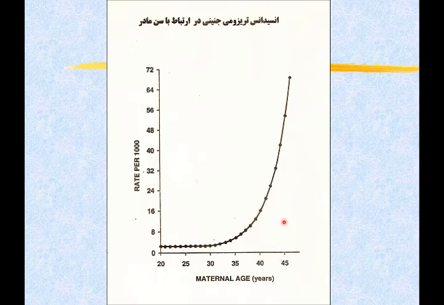As you can see in this diagram, there is an exponential increase in trisomies in the fetus of a mother with advanced age. After 35 years old, the risk becomes several times higher than at age 20 to 30.